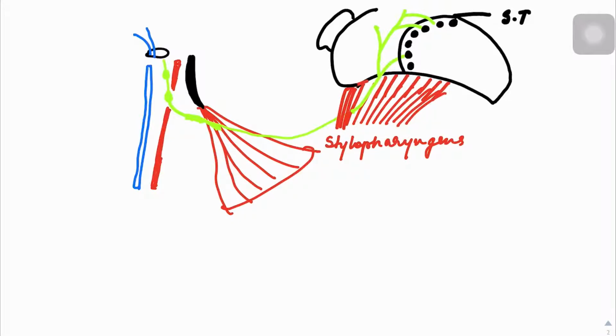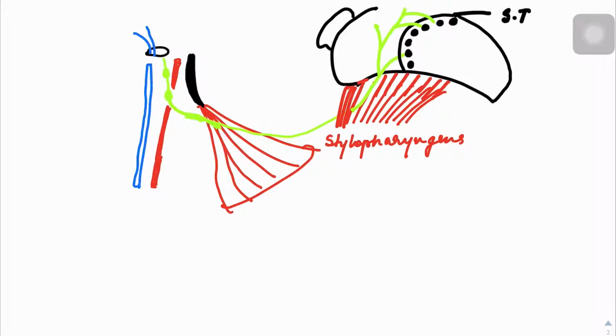This internal carotid artery comes from the common carotid artery. The common carotid artery also gives one branch which is called the external carotid artery.